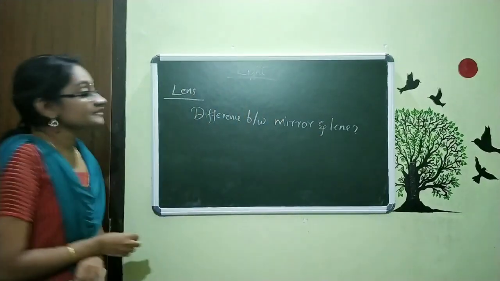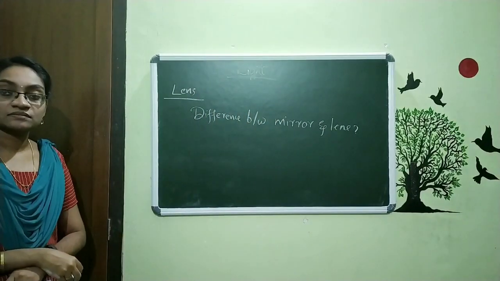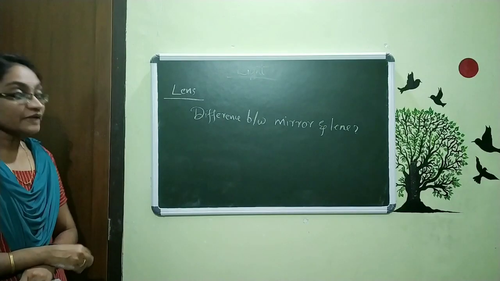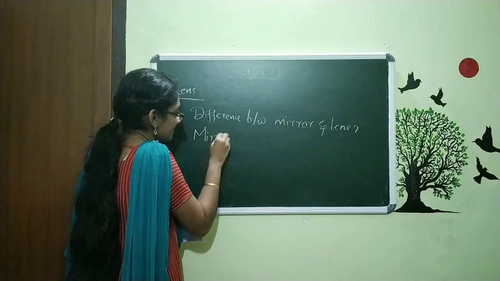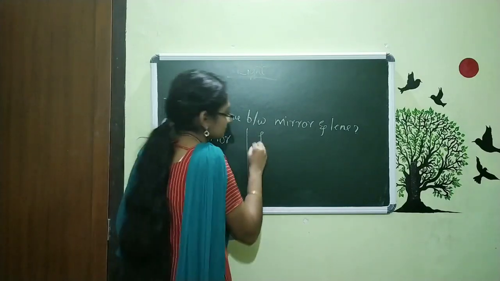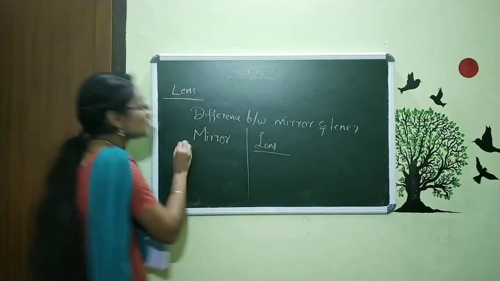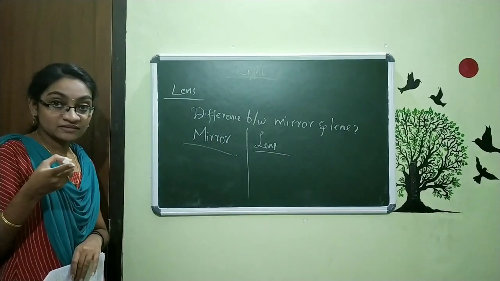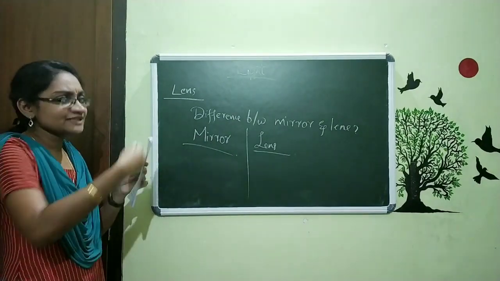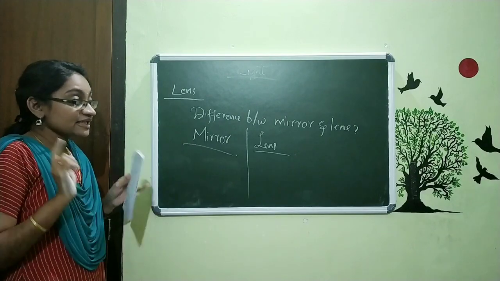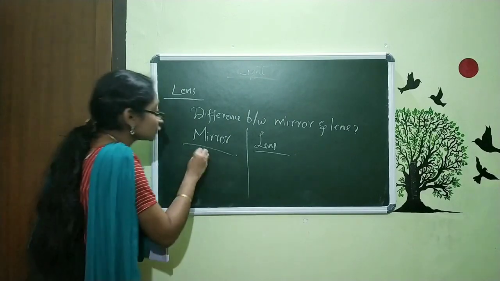What's the basic difference between the mirror and lens? We can say the mirror has some sort of material painted on it and the light is not allowed to pass through.